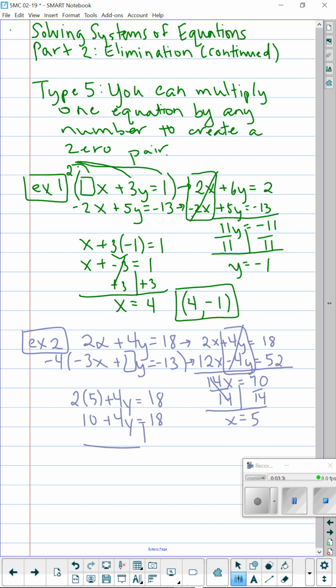And then I'm going to do the wall floor, subtract 10 from both sides, and then bring down the 4y. 18 minus 10 is 8. And then one more wall floor, divide both sides by 4. And then I can see that 8 divided by 4 is 2. So y equals 2. So then the final step is to write my answer as an ordered pair. So it would be (5, 2).